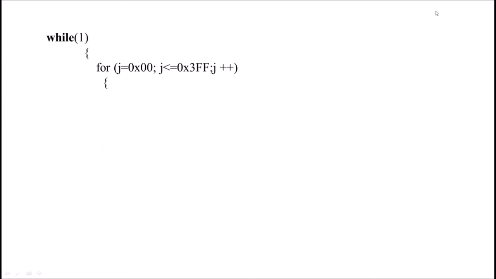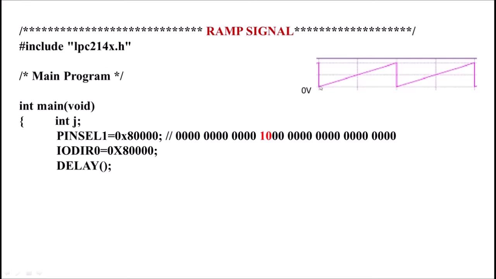Then in the while(1) loop, we'll start sending from value 0 and the final value is 3FFH. So what will happen, we'll get this increasing line because we are sending the input and the input is increased by one digit. So this type of signal we will get. This analog output value is for 3 volt and this value is for 0 volt.